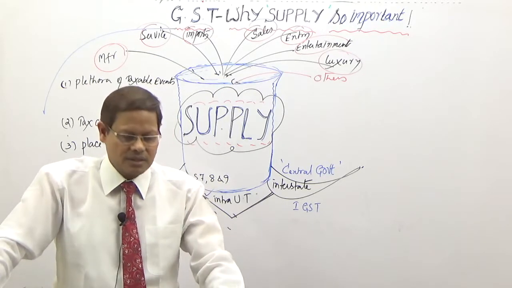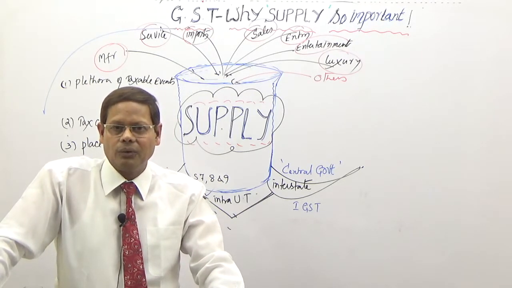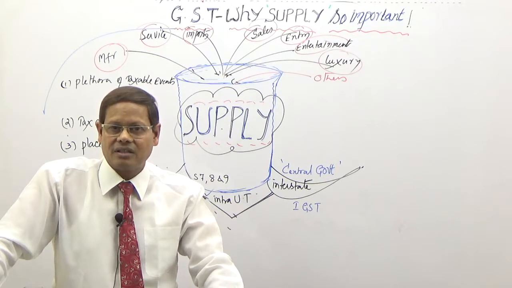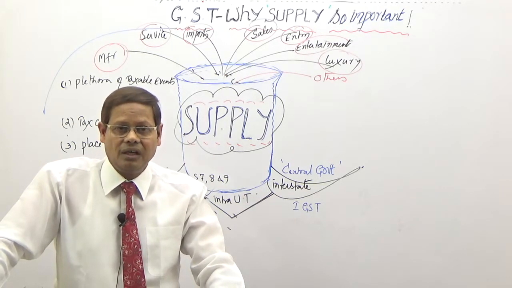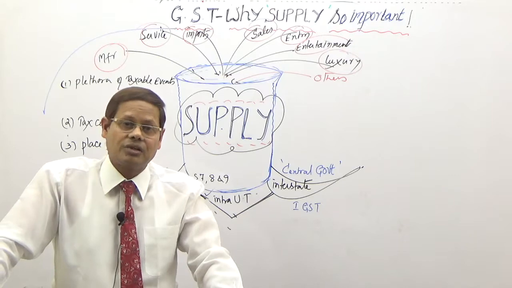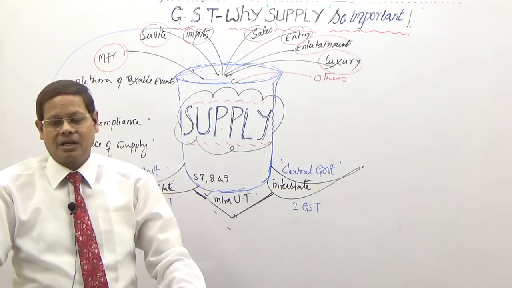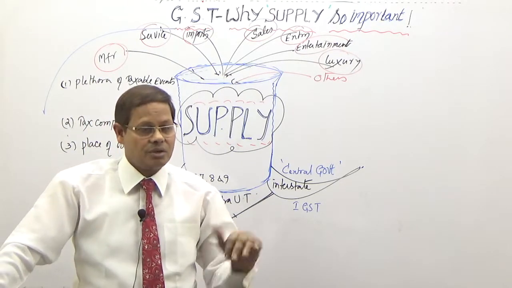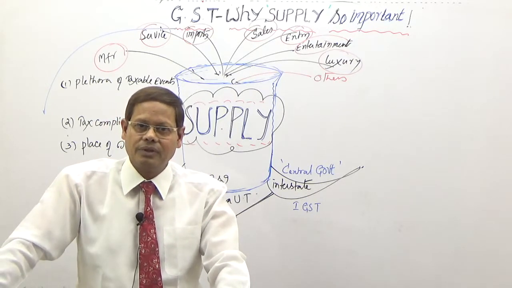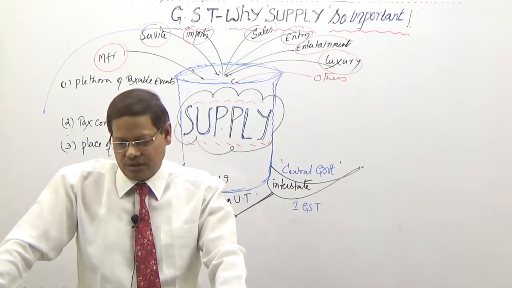Of course, we know by now that this IGST Act or CGST Act are not applicable to the state of Jammu and Kashmir, but don't be under the impression that Jammu and Kashmir is out of GST. No, it is knitted together.